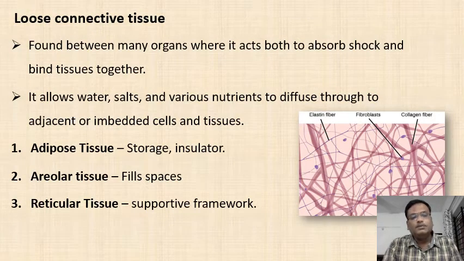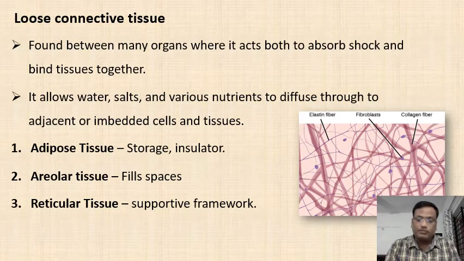Now there is another example of loose connective tissue, that is adipose tissue. Adipose tissue is mainly made up of adipose cells, which we call adipocytes, and their main function is to store fat. So lipid storage is the main function of these adipocytes, and adipose tissue is mainly associated with fat deposition.